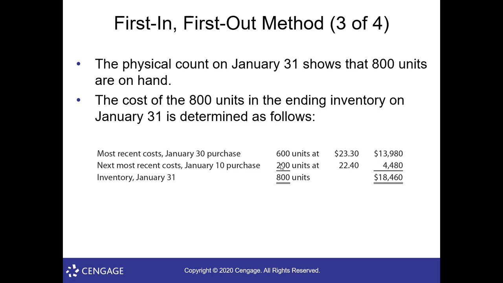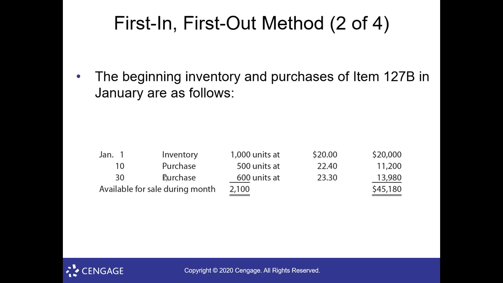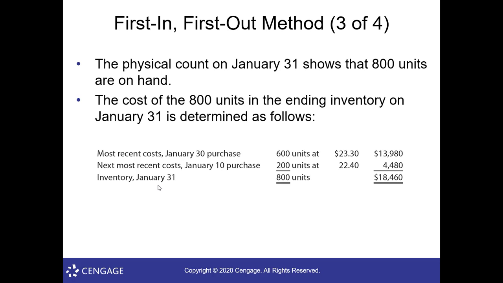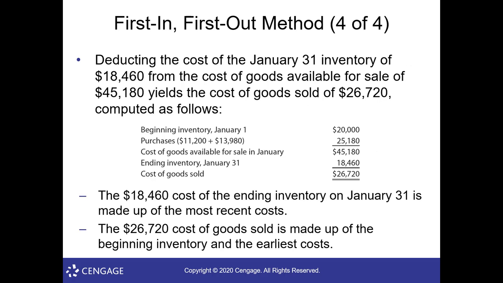So under FIFO, we have 800 units in ending inventory. Those are the 600 that were purchased on the 30th, and then 200 of the January 10th left. Total inventory cost value of $18,460. Subtract that from the cost of goods available for sale, that $45,180, and we get cost of goods sold of $26,720.